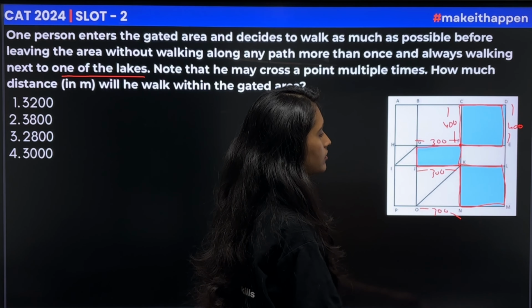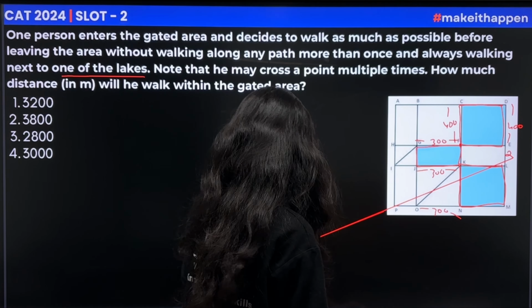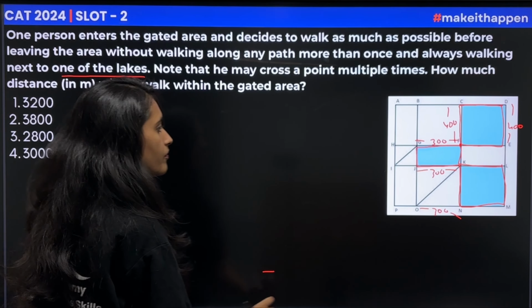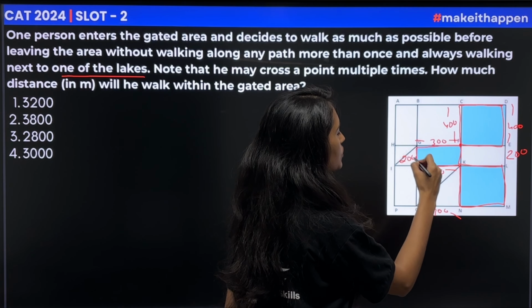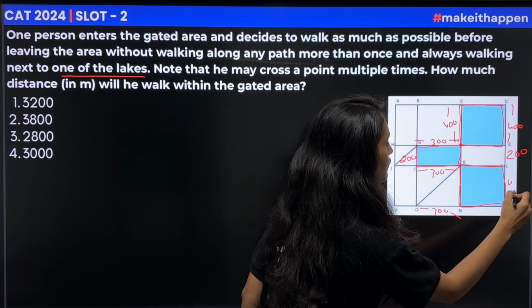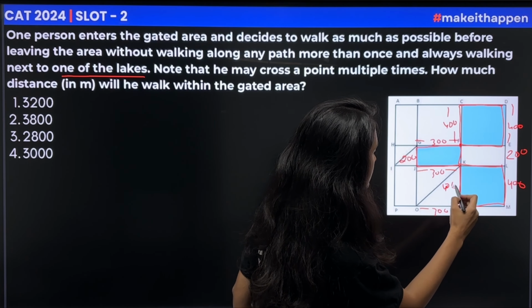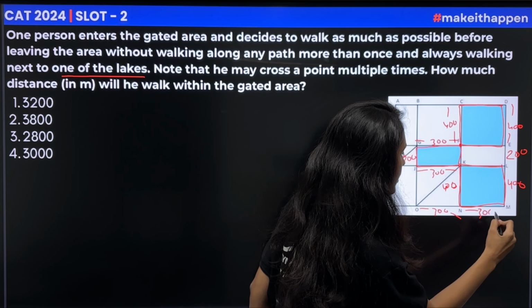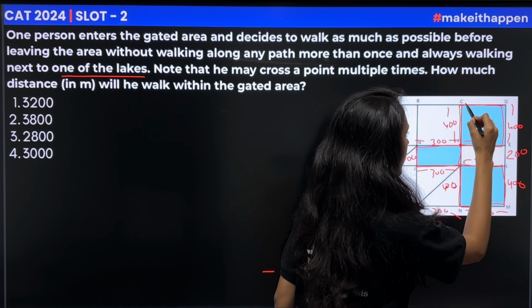Again 300 here, this was 200, so 200 here, this was 400, 400, and here this was 300, so 300 here, 300 here, 300 here.